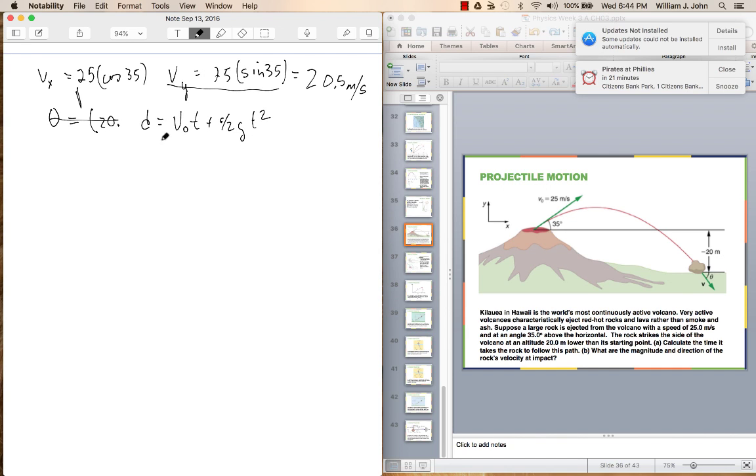And we can also use 0 is equal to 20.5 squared plus 2 times G, or 9.8 times D. We can get D from this equation and put it in here, and with that we can find this. But remember, that's only going to be half of the path. And so let's go ahead and do the calculation to find out what D is.